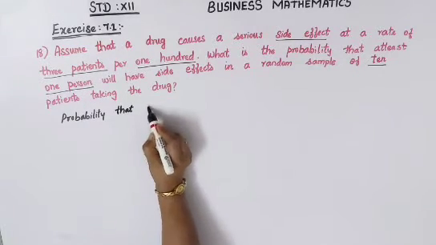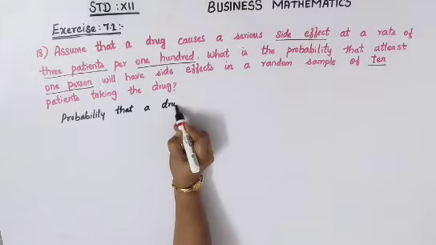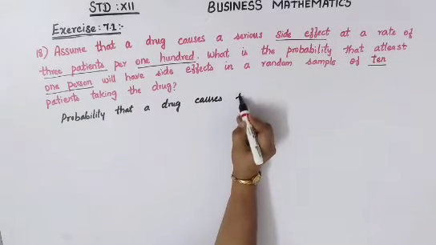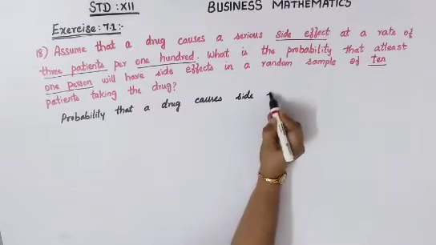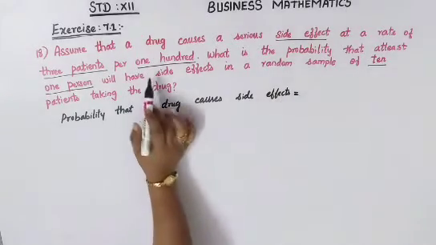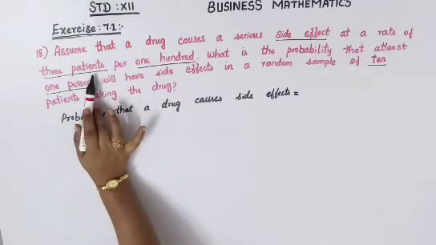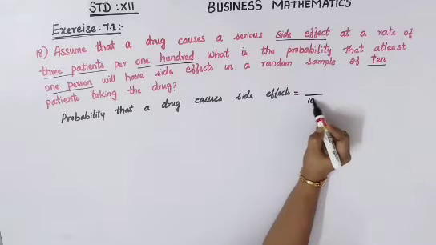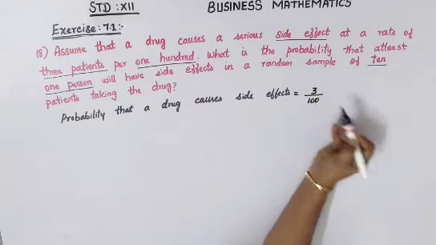The probability that a drug causes side effects. It is given that in 100, 3 patients are getting side effects.